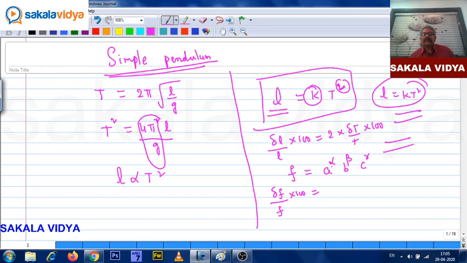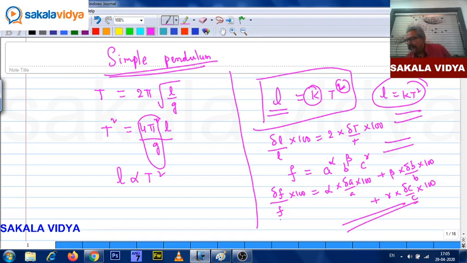So, power alpha means alpha times delta a by a into 100 plus beta into delta b by b into 100 plus gamma into delta c by c into 100, you can write it.